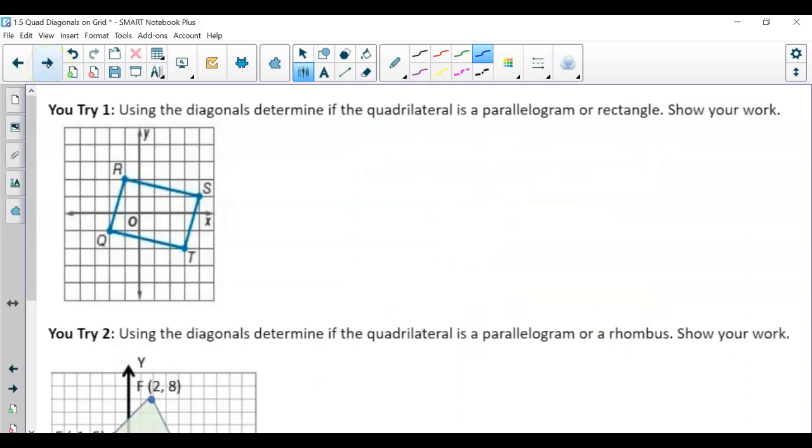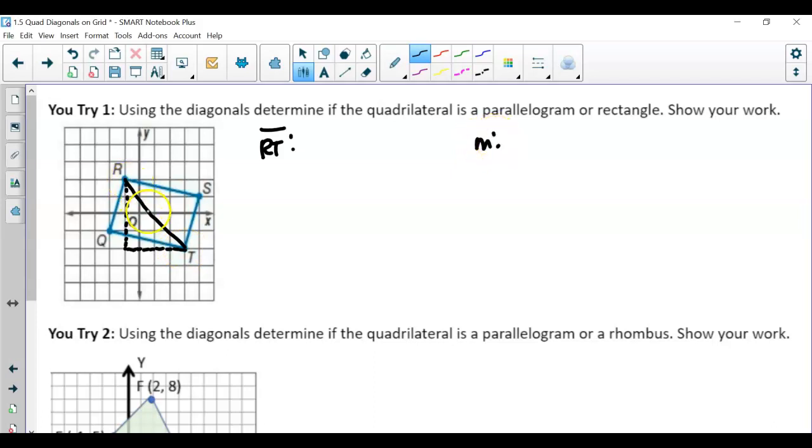So go ahead and pause the video now and try the two Utries, again, focusing on the diagonals on your own. And here we go. So again, focusing on the diagonals, so diagonal RT. I'm going to go right into creating my right triangle to get my rise and run for my slope.